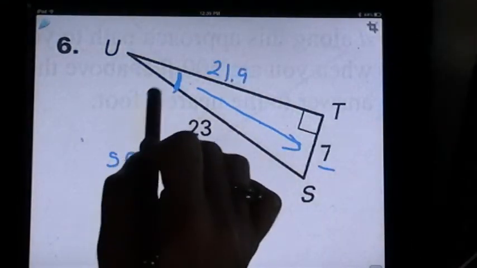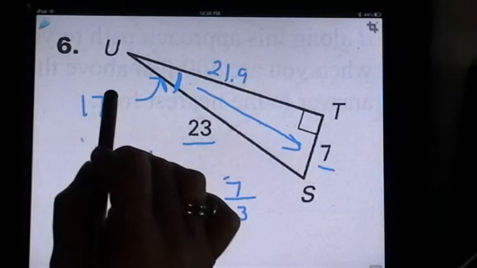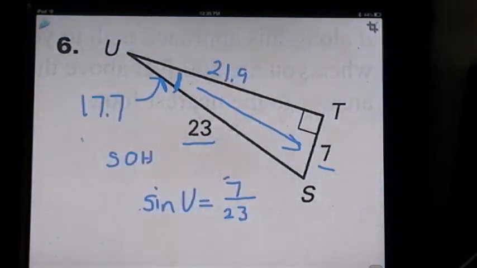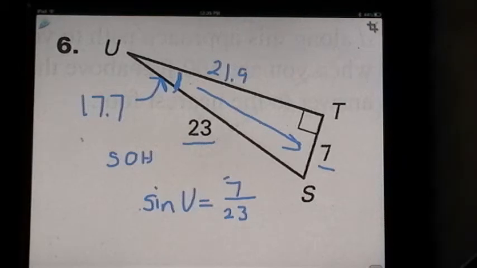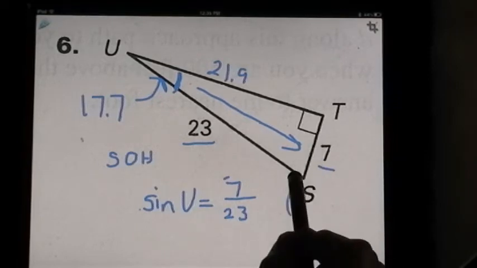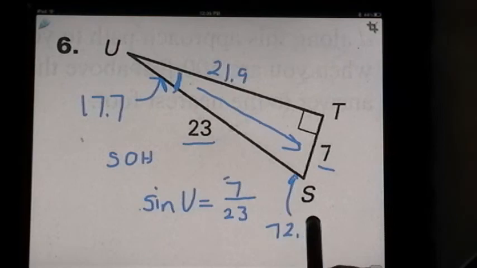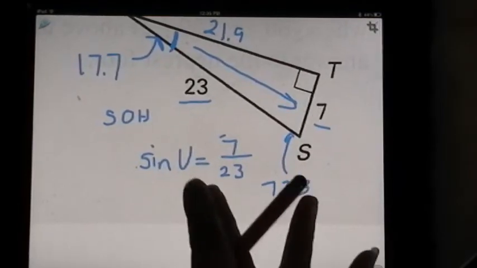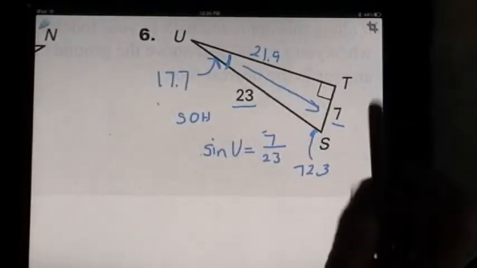And we look at this triangle and we say 17.7 sounds about right. To find S, we're going to subtract that from 90. 90 minus 17.7 equals 72.3.